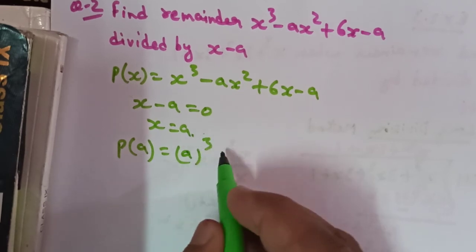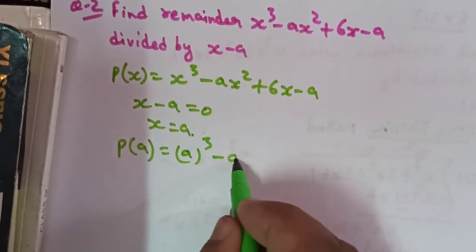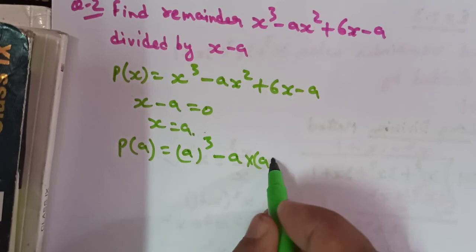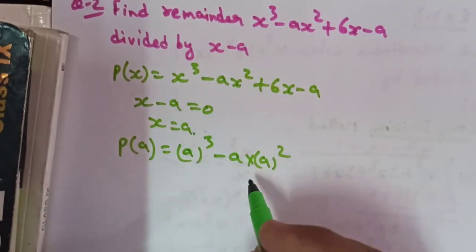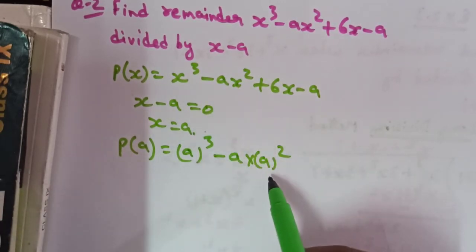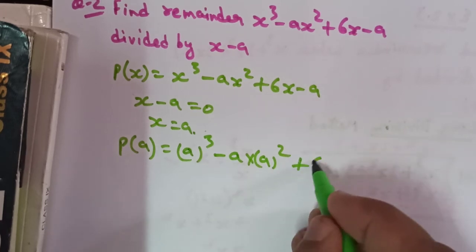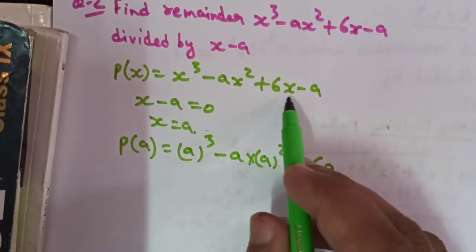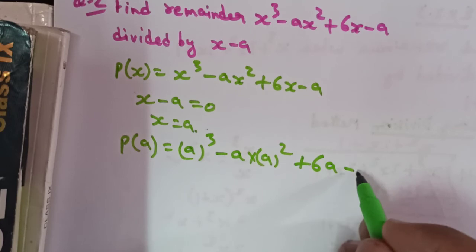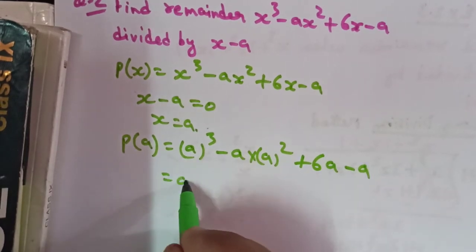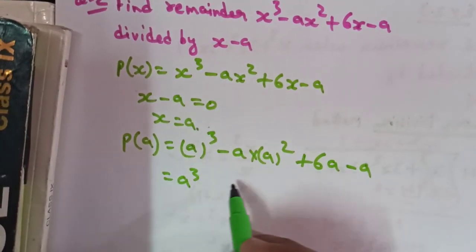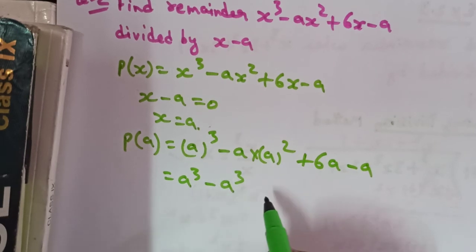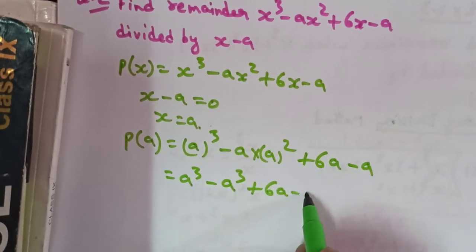So x cube will become a cube, minus a times a square, because a x square is there. So in place of x square I have written a square, plus 6 times a, because 6x will become 6a, minus a. So a cube minus a into a square will become minus a cube plus 6a minus a.